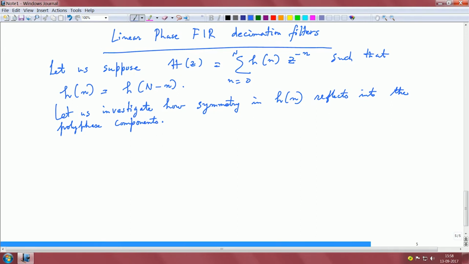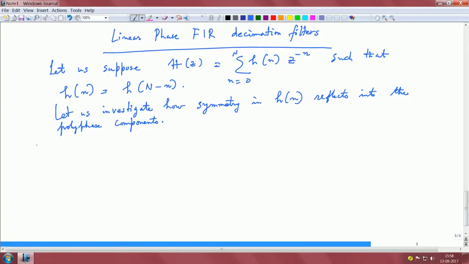Now for any capital N, there are only two possibilities. N could be odd, N could be even, right. So let us just take some examples here, sort of get a feel for what is happening.